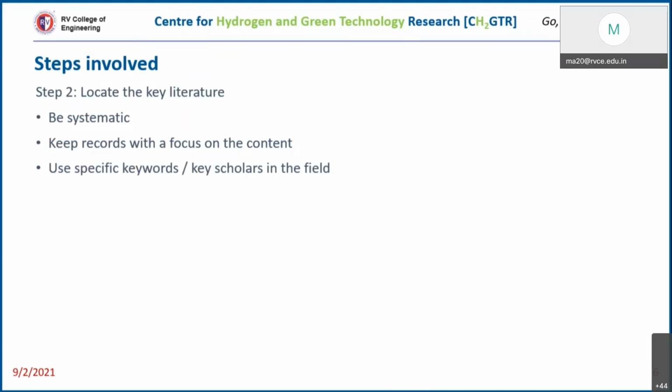While searching, you should make use of specific keywords and key scholars in that field. After spending some time on the topic of your interest, you will realize who are the major players with respect to that topic. Who are the major researchers and contributors who have done a lot of work on that particular topic.